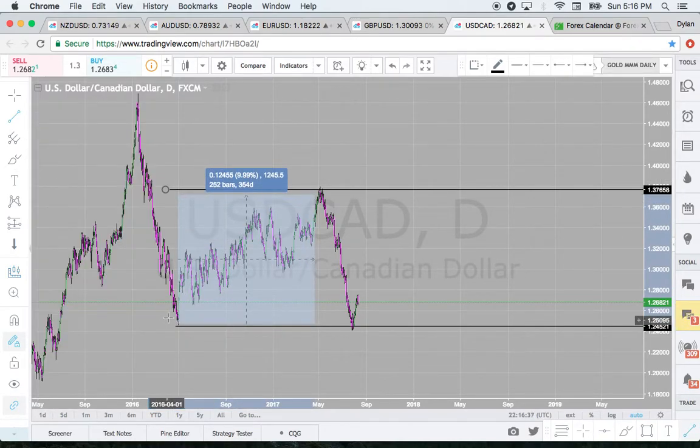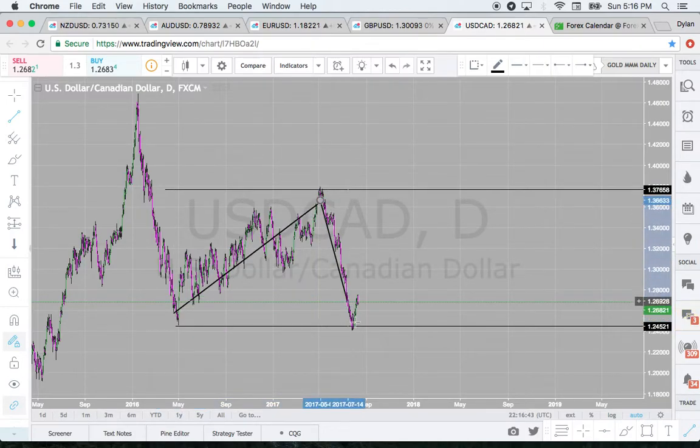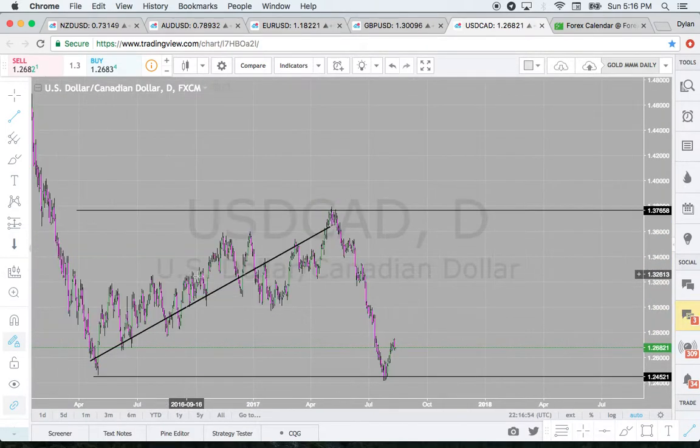It looks like it was in a definite uptrend. And now, just within the past few months, the dollar has collapsed quite a bit. So it is beginning to stabilize once again and creating that zone here.